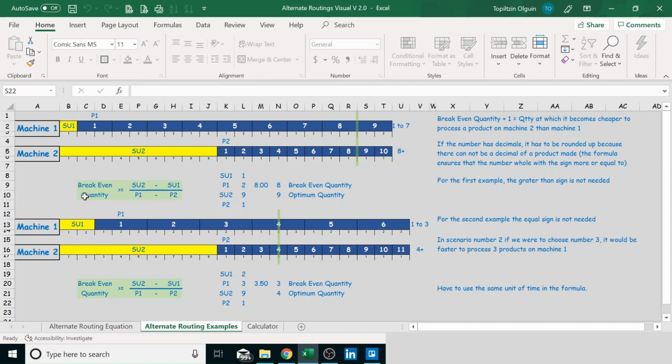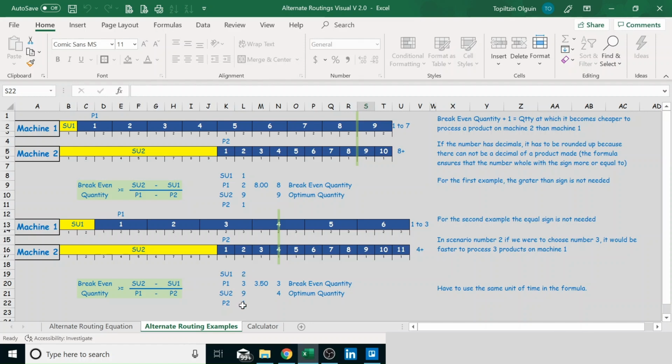Okay, so now let's look at another example where the time it takes to build a certain amount of pieces is not the same. In this case, let's say a setup time of 2 minutes, processing time of 3, and then machine 2 is the same, the same units of time that we've been using for the last two tabs.